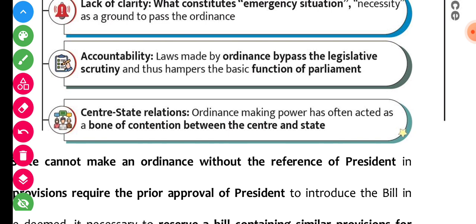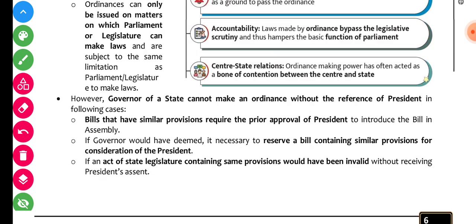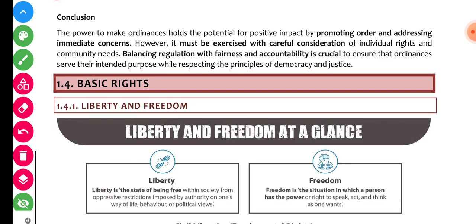The governor extended the ordinance every 6 weeks, 6 months plus 6 weeks, and every recess was not making a governor's ordinance.